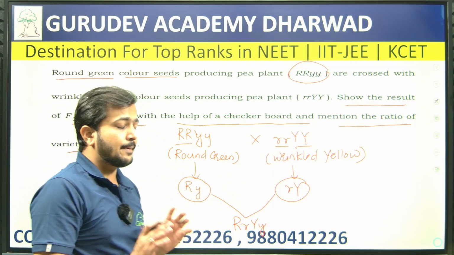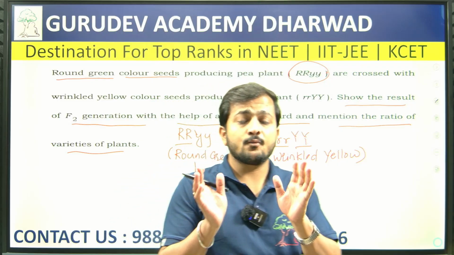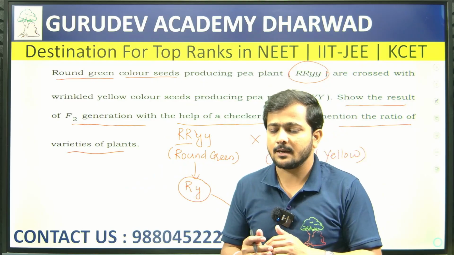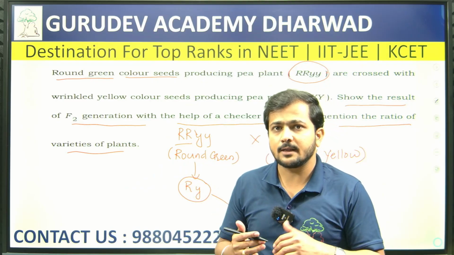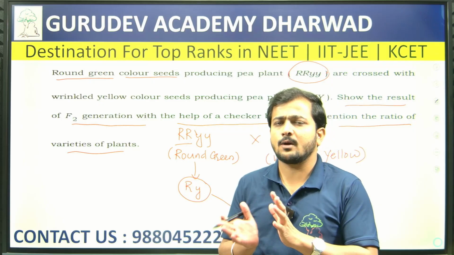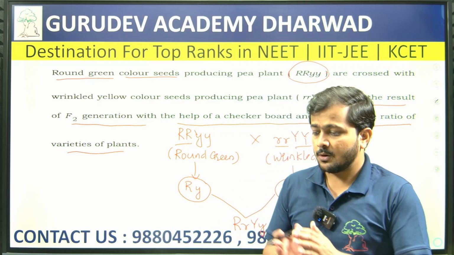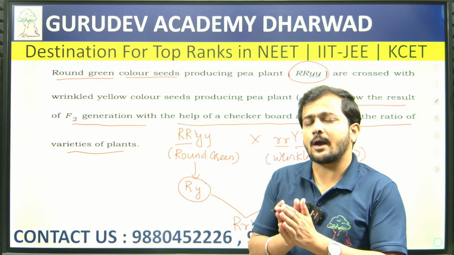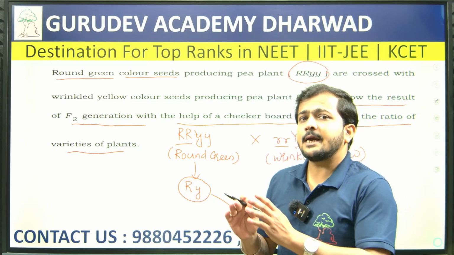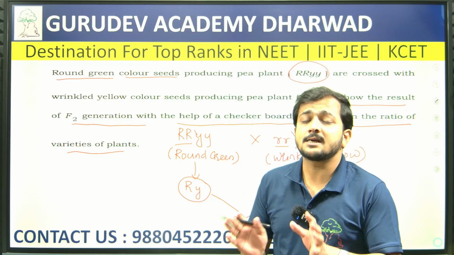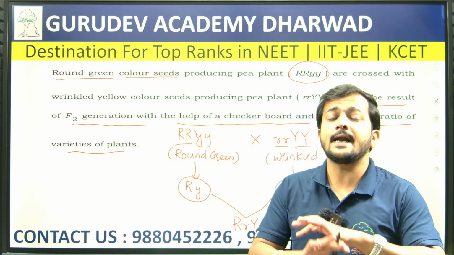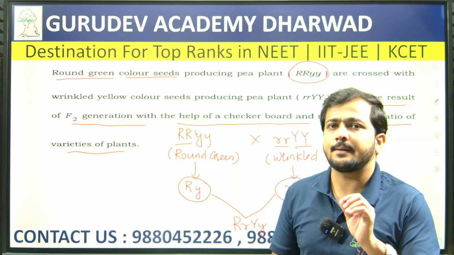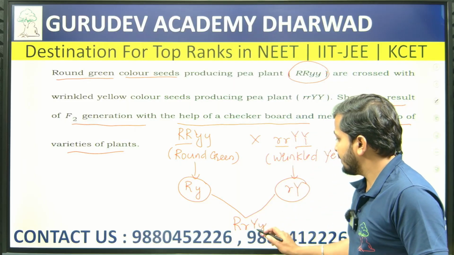Based on that, Mendel says that when two pairs of contrasting characters are brought together, one of them is going to be dominant and one of them recessive in the F1 generation. In the F2 generation, the gametes separate, segregate independently of each other. That itself we call independent assortment.